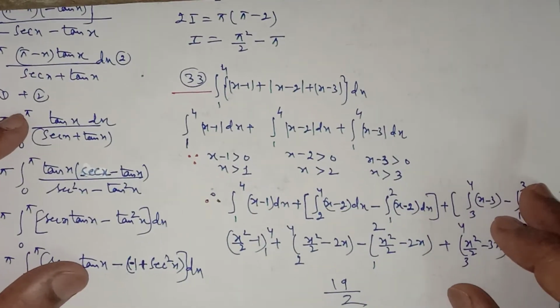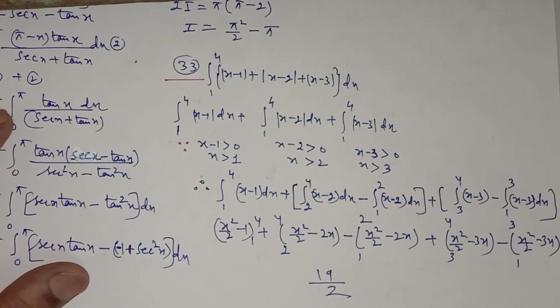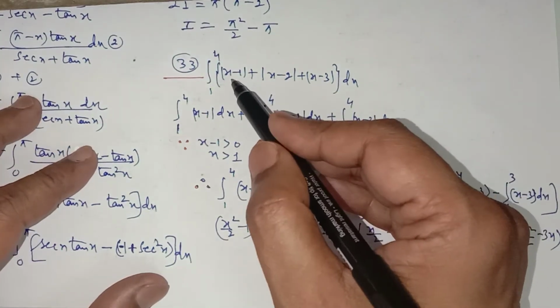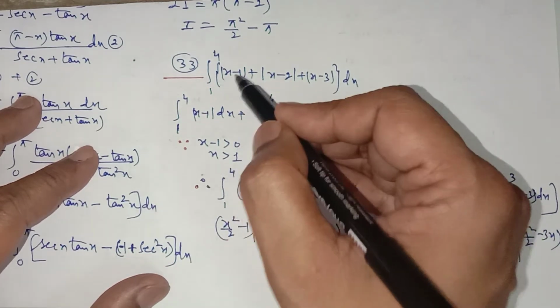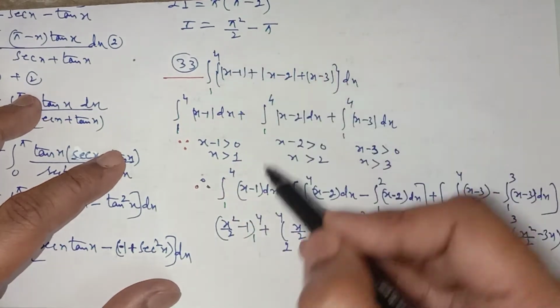Now this question number 33 we have just done in the last exercise, on how to integrate modulus functions. First of all you find when x minus 1 will be positive. It will be positive when x is greater than 1, so from 1 to 4 it is always positive.